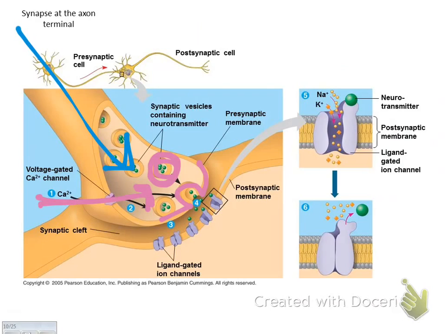And that's going to push the neurotransmitter into the gap. The neurotransmitter goes to the next neuron and binds with the protein. It's a gated ion channel, just like my magnets for the last test. When the neurotransmitter binds, the gate opens. And when the gate opens, it allows sodium to flood into the next cell. So now sodium has flooded into the postsynaptic cell. What does that do to the cell?